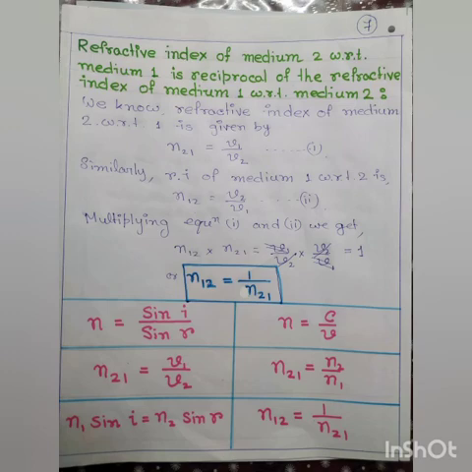Then relative refractive index N21 equals v1 by v2. Next, the same relative refractive index we can also write as N21 equals N2 by N1. There is another form of Snell's law, that is N1 sin i equals N2 sin r. And the last one, N12 is equal to 1 by N21.